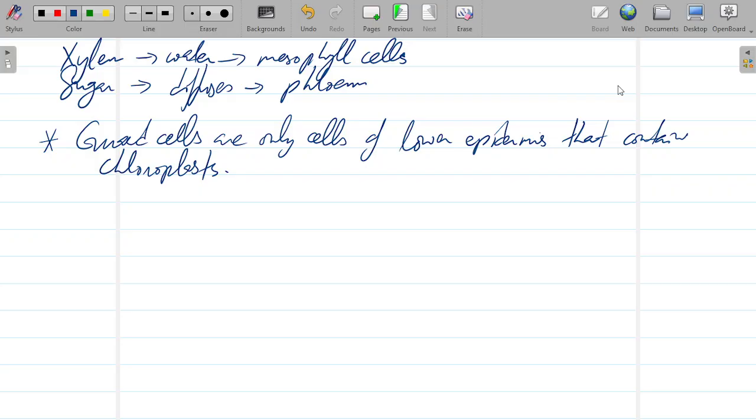Everything in between is the cell tissue. Although upper and lower epidermis are also included in that, the mesophyll layer is separate. So you've got the upper epidermis, which is one layer, the lower epidermis, which is the other layer, and then you've got the mesophyll layer, in which the palisade mesophyll comes first, and then the spongy mesophyll comes next. So they're not part of the upper or the lower epidermis; they come in between.